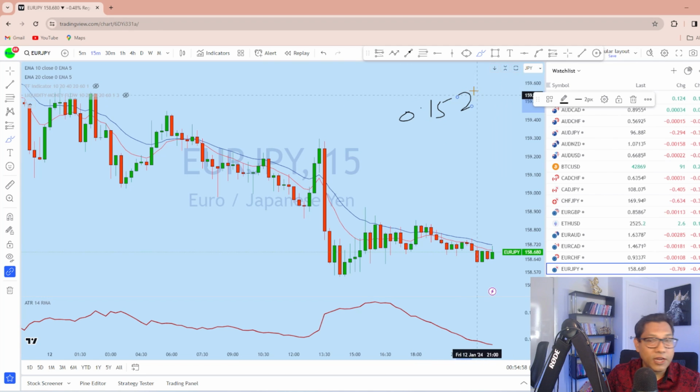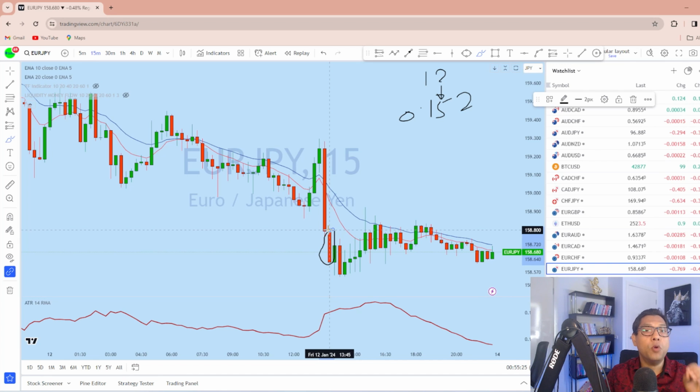Now, we will not take the third digit as it is JPY; we will take the second decimal. So 1, 2. If we look at the second decimal, this is where we see the 15 pip movement of this candle. So the 15 pip ATR value for this candle. In the case of JPY pairs, we take the second digit.